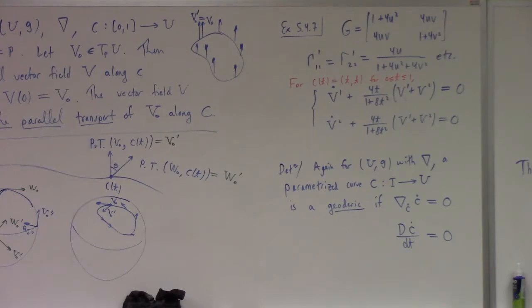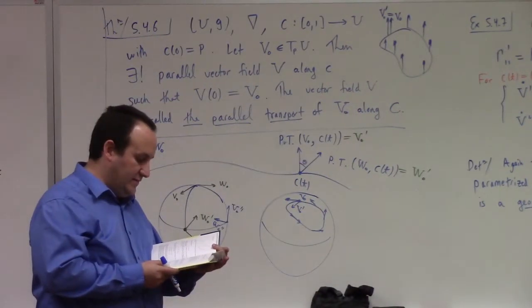Now, theorem, I'm just going to read it if you don't mind. Let UG be a Riemannian space; for each point there is a domain.